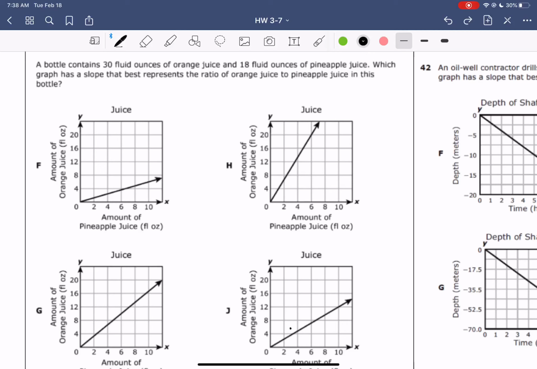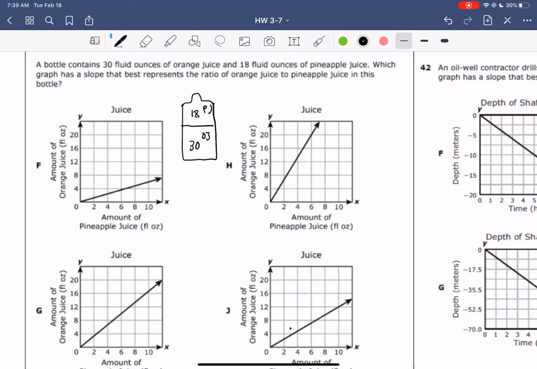So if you think about it, a bottle, so total there is 48 ounces in a bottle. I'm just going to draw a bottle of orange juice. So we have 30 is going to be OJ, and 18 is going to be pineapple juice.